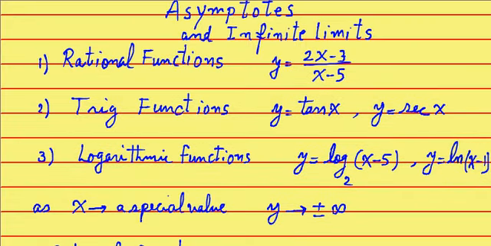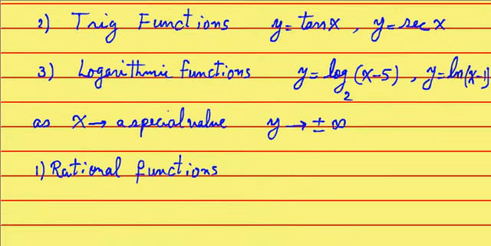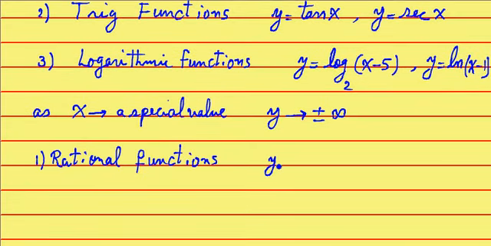Here we brought up this example of y equal to 2x minus 3 over x minus 5. At what point do we have an infinite limit for this function? Well, for rational functions, infinite limits happen where the denominator becomes 0 while we check to make sure the numerator hasn't become 0.